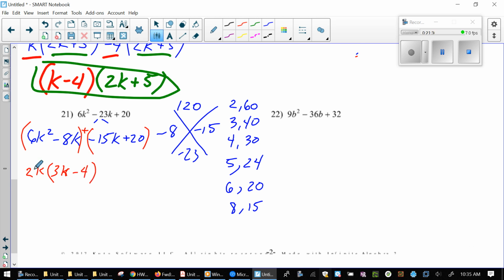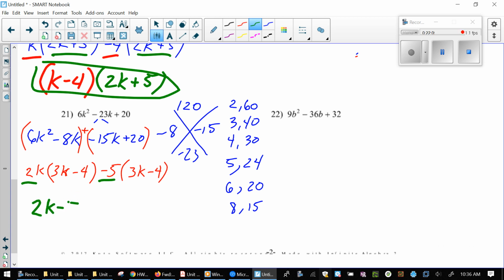Factor out our common terms. I can take a 2k out of this first group, and I'm left with 3k minus 4. 2k times negative 4 gives me negative 8. All right, so I got a negative here, so I need that to be positive. 15 and 20, I can take a negative 5. That's going to give us a positive 3k, which is what I want. And that's going to make that a negative 4.